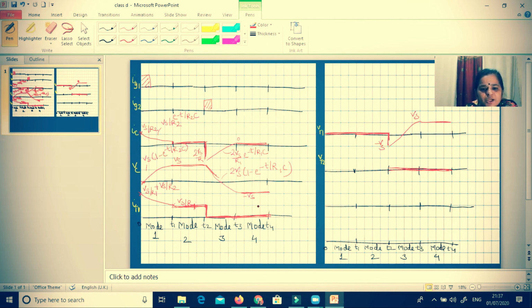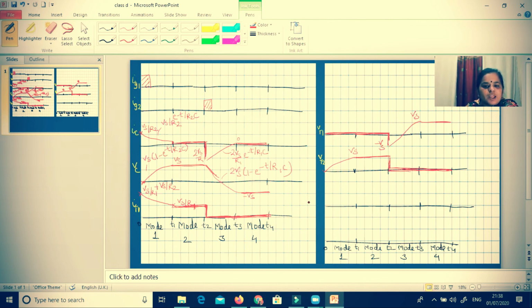Because the capacitor voltage is appearing through the T1 short circuit across T2. In mode 1 the capacitor voltage changes its value from 0 to plus Vs, so it will be like this, 0 to plus Vs, and then in the second mode it will be Vs, and after that at the beginning of mode 3, as we give the triggering pulse to T2, it will be 0.